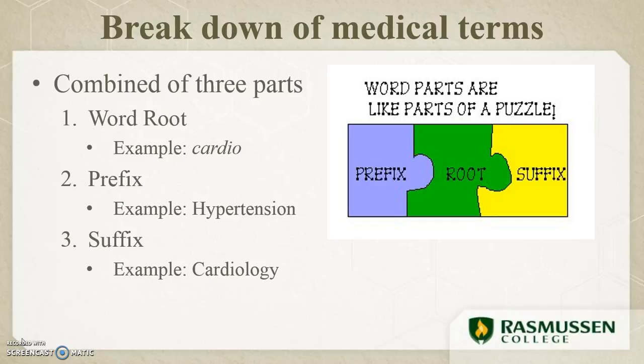So, for example, we have a word like mammogram. Mam is the word root, which means breast. The suffix is gram, which stands for record or x-ray. So we add the combining vowel O in there to make the word easier to say. Mammogram instead of mammgram. That would be very hard to say.